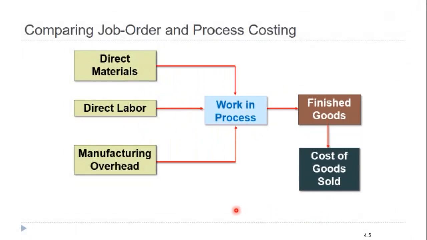Right. Still comparing job order and process costing, they both use the same elements of costs: direct materials, direct labor, and manufacturing overhead. But for process costing, you will have more than one work in process account, and each process has its own work in process account.